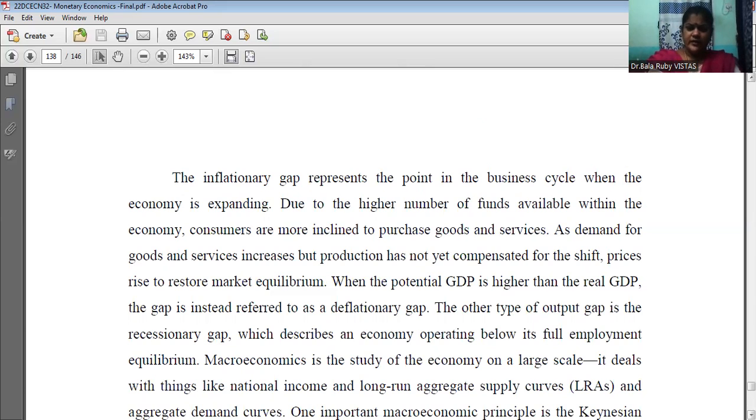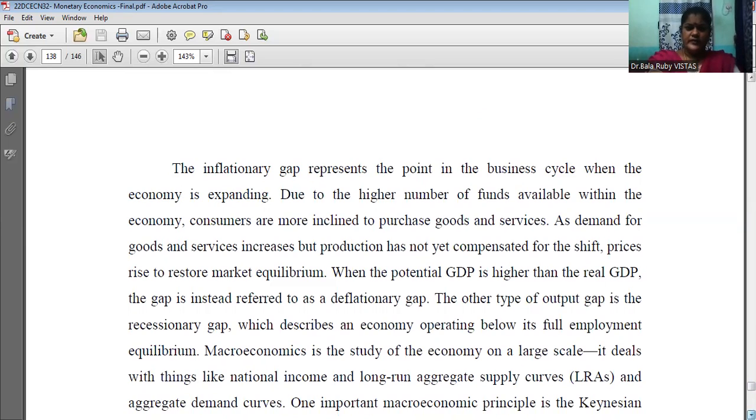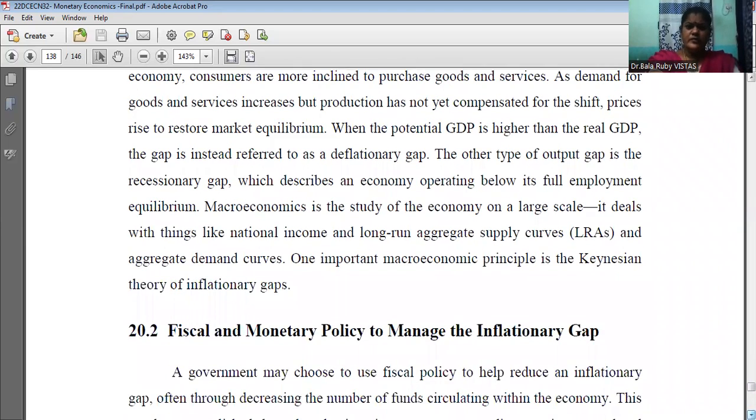So actually, macroeconomics is a study of the economy on the large scale because it deals with things like national income, long-run aggregate supply curves, as well as aggregate demand curves. So one important macroeconomics principle is the Keynesian theory of inflationary gap.